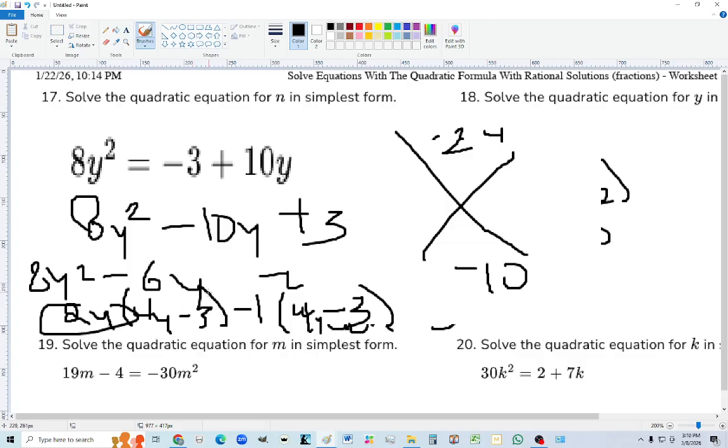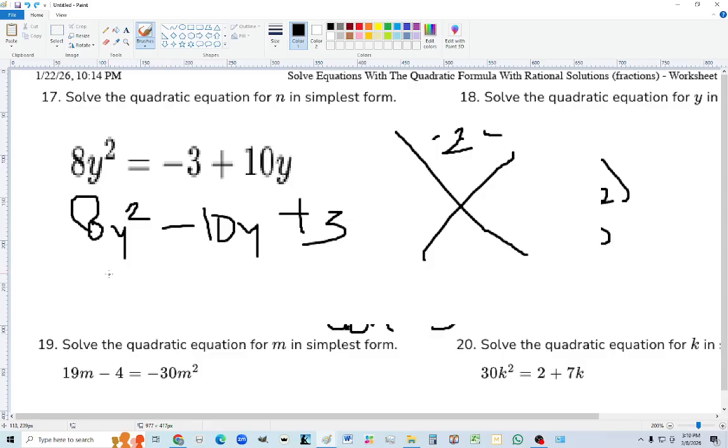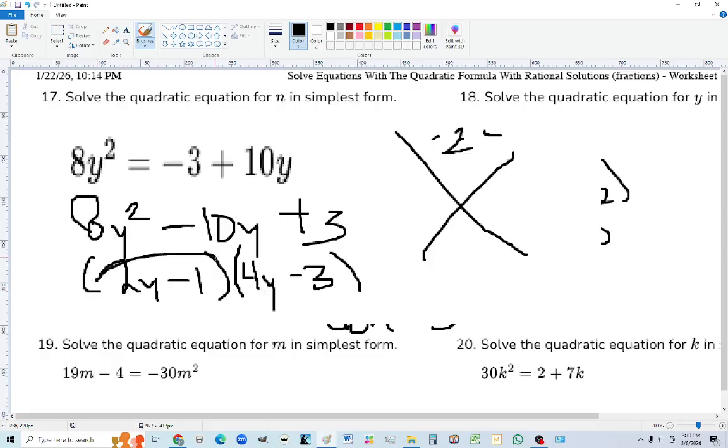So you get 2y minus 1 and 4y minus 3. Yeah, it works. So that means my answer is 1 over 2 or 3 over 4.